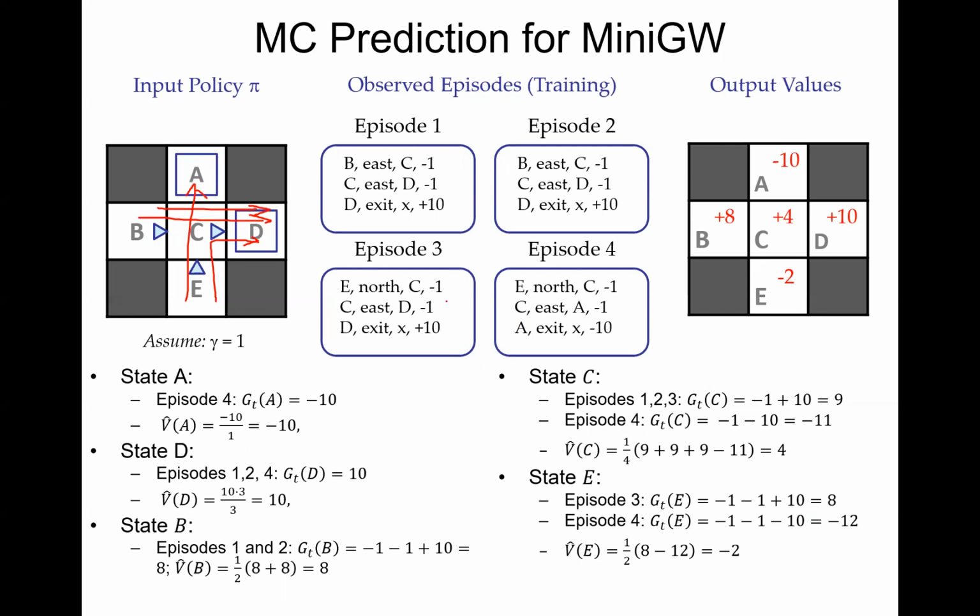You can see that state A is visited only once, so it has only one term in the average. Say C is visited 4 times, so there are 4 terms in the average.